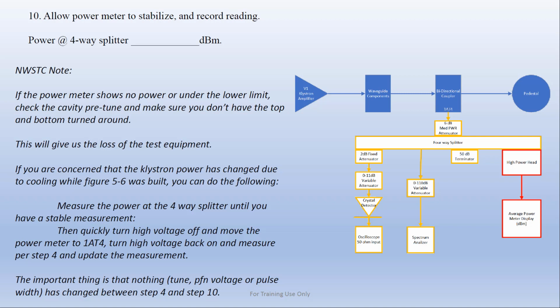With 2 people, that's something you can do really quick and ensure that you're making those 2 measurements with the tube at the same temperature. The important thing is that we have nothing change between step 4 and step 10.